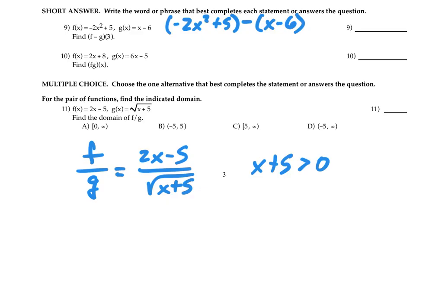And then we can solve for x. We're saying x is greater than negative 5. And what I've been telling you for a while is this would be fine to write as the domain, but your answer typically is going to be written, especially if it's multiple choice, in interval notation.